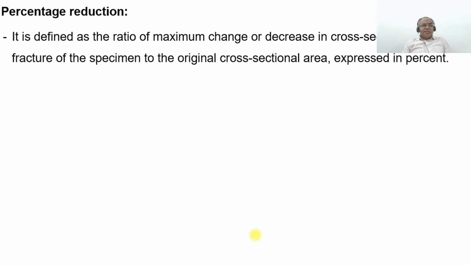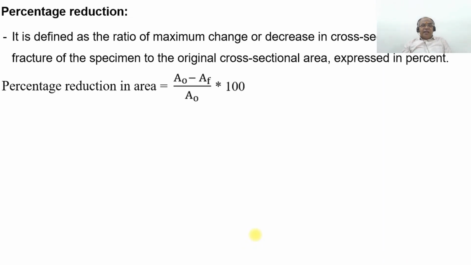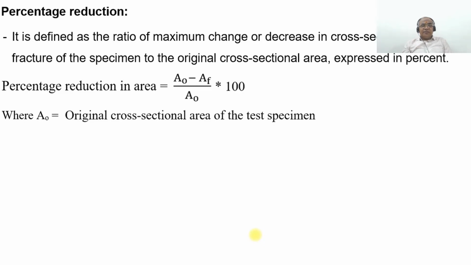Now what is the percentage reduction in area? It is defined as the ratio of the maximum change or decrease in cross-sectional area after the fracture of the specimen to the original cross-sectional area, expressed in percentage. It is (A0 minus AF) by A0 into 100, where A0 is the original cross-sectional area of the test specimen and AF is the final cross-sectional area of the specimen.